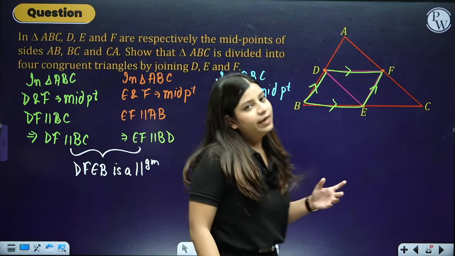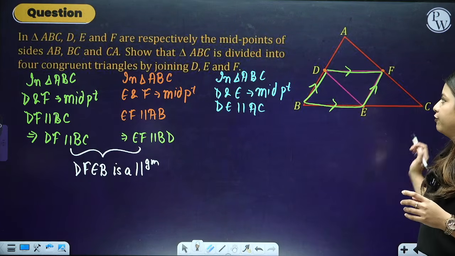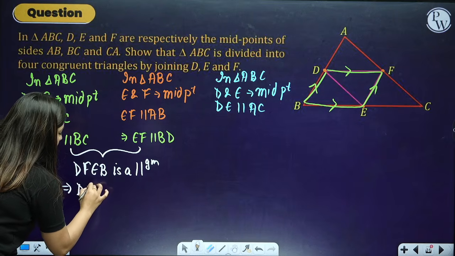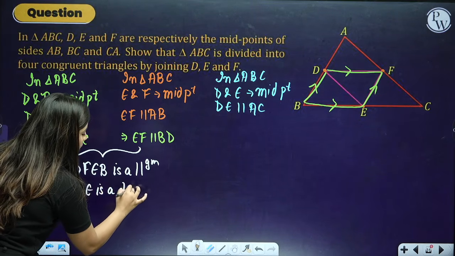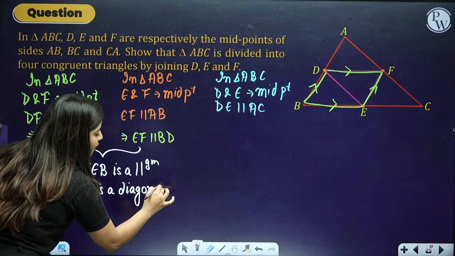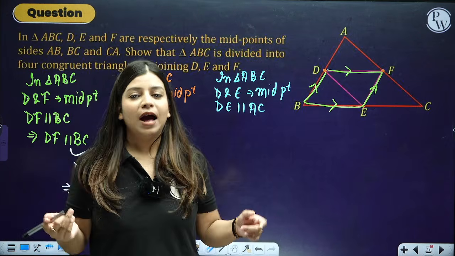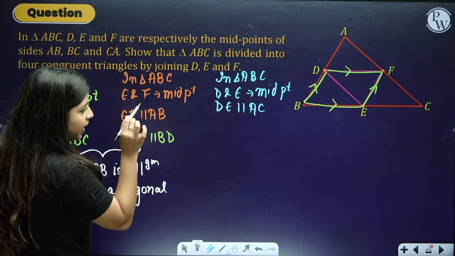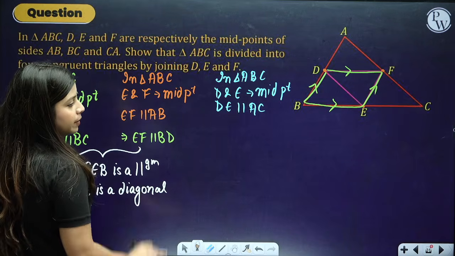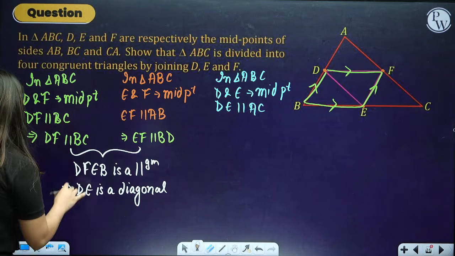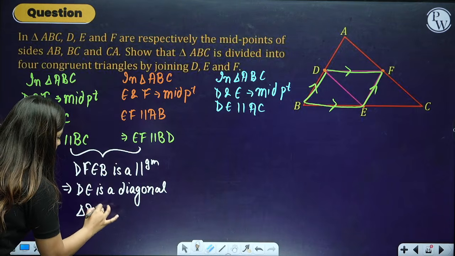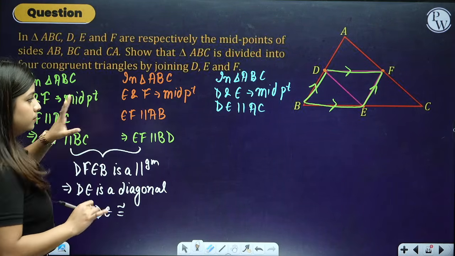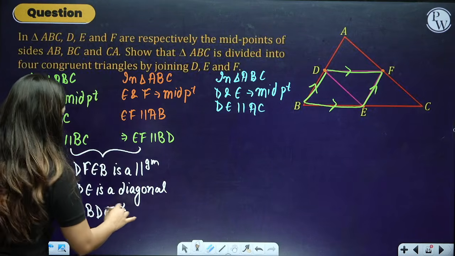If DFEB is a parallelogram, DE is a diagonal. And we know that a diagonal of a parallelogram divides the parallelogram into two congruent triangles. So triangle BDE is congruent to triangle FED.